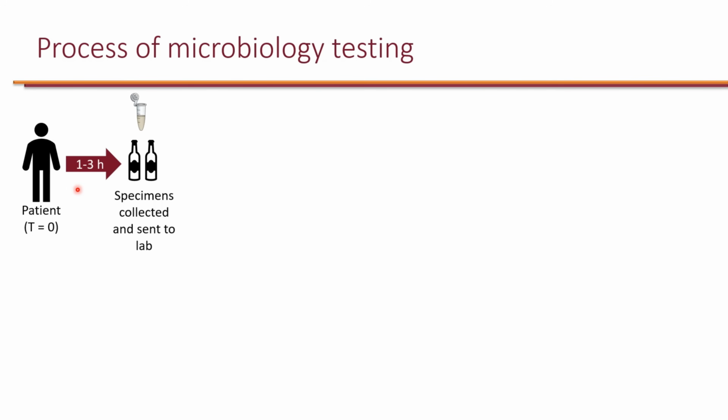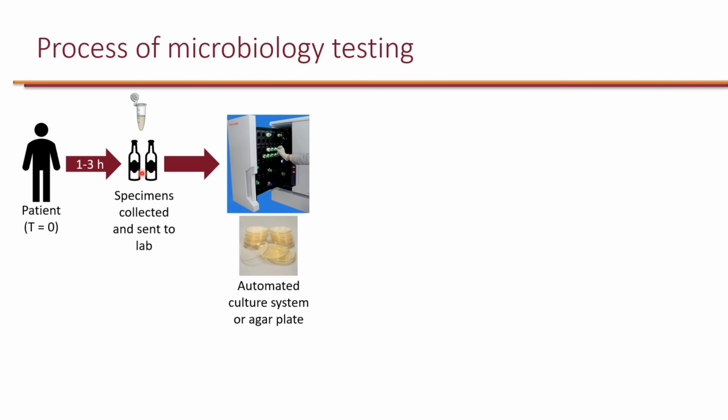Typically, it will take anywhere between 1 to 3 hours for clinicians to examine the patient and, if necessary, collect specimens. These specimens will be from the site of infection, for example blood or urine or any other specimen. And then the specimen will be sent to the microbiology lab for testing.